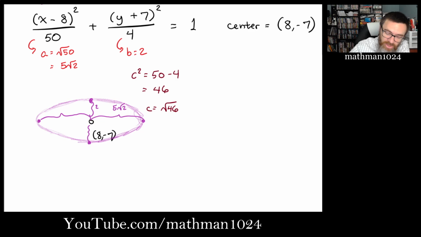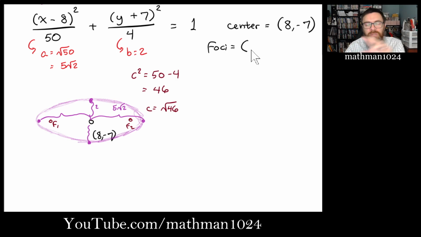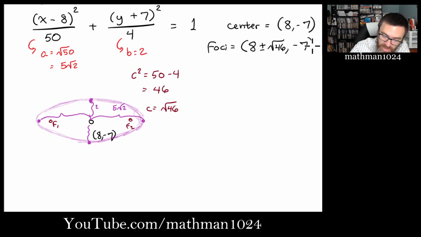But that c value is going to put our foci over here and here, square root of 46 units away from the center. So my foci, what's changing because I'm stretched in the x direction will be the x coordinate for the foci. So it's going to be 8 plus or minus the square root of 46, comma -7.